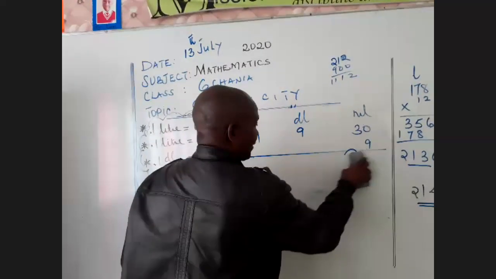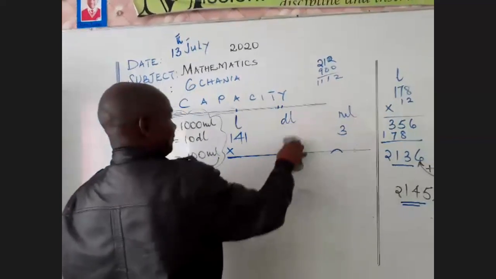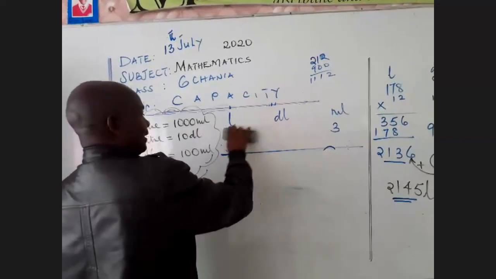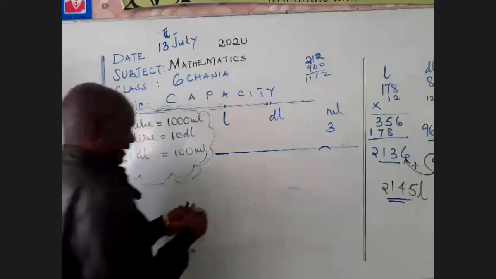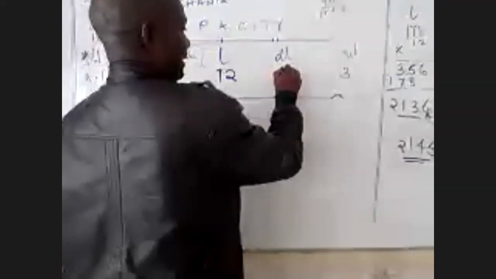Now, whoever will be the one to get it right now. I'm changing some units here and there. Here, deciliters I have put 8.